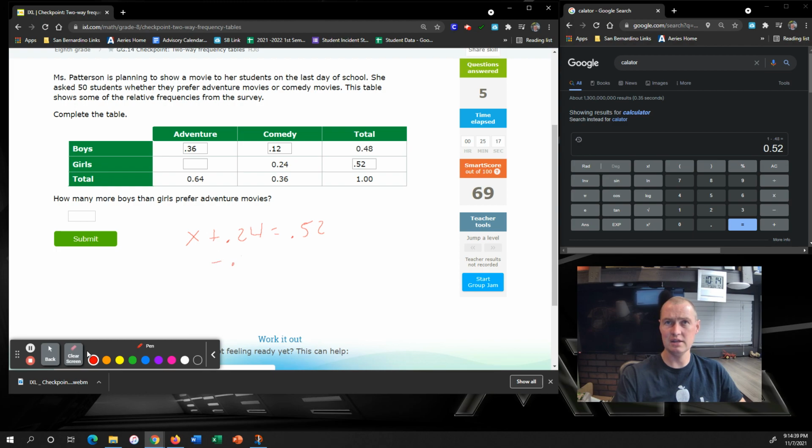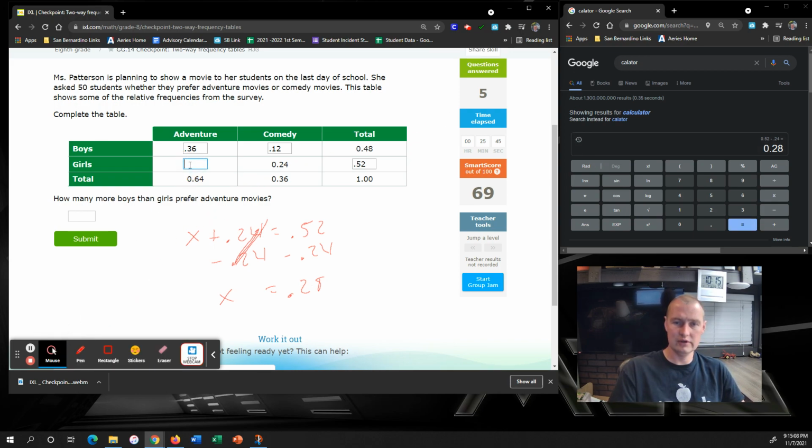Opposite of adding is subtract, so subtract 0.24 from both sides. Those cancel out. X equals 0.52 minus 0.24, which worked out handy because it's in the calculator from last time, and should give us 0.28. And there we have it for the girls' adventure, 0.28. Okay, now the last thing is we got to figure out the question here.